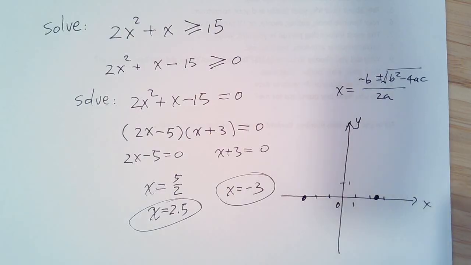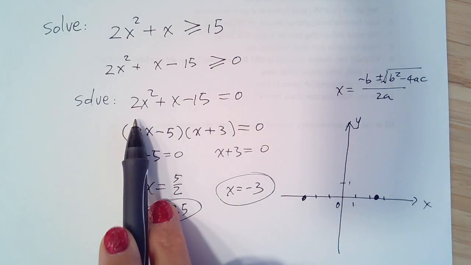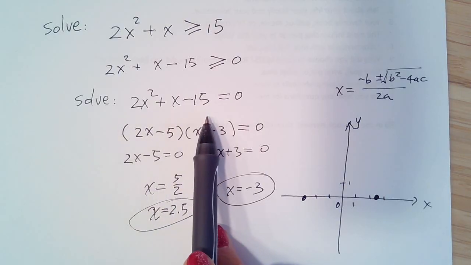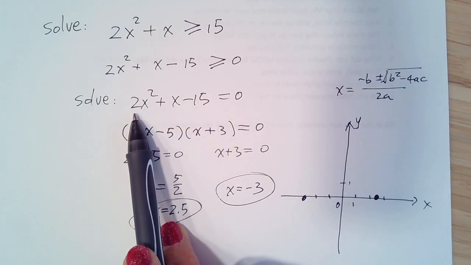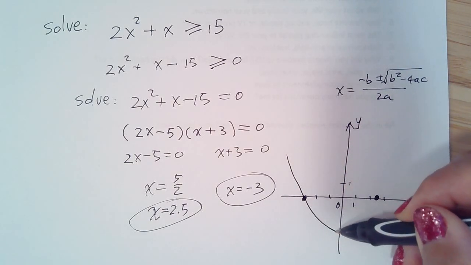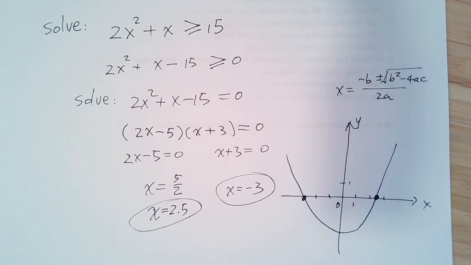Next thing, there are several different ways to do it. One is you graph it. Can you graph f of x equals 2x squared plus x minus 15? And this a is positive, so it's going to open up. You don't really need to get a very accurate graph, but you can just show me the pattern. So this is negative 3, and this is 2.5.